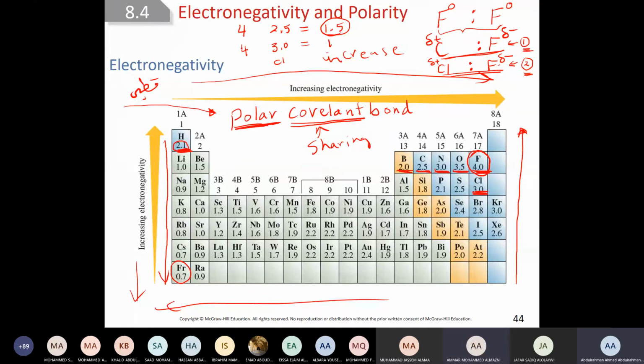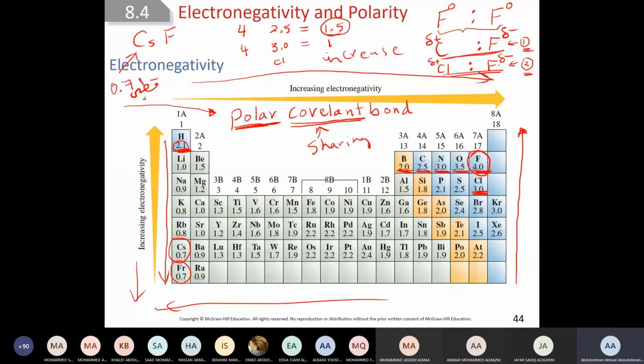For the ones I told you to memorize, maybe I will not give them to you, but usually I will give them. I mean, how can we calculate without the numbers? As I said, if I want to give you CS, I will give you CS. Maybe I'll tell you the bond CS if the electronegativity of CS is 0.7.